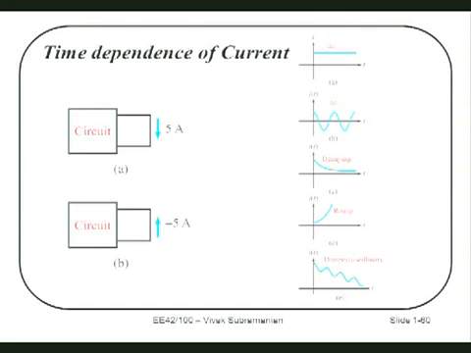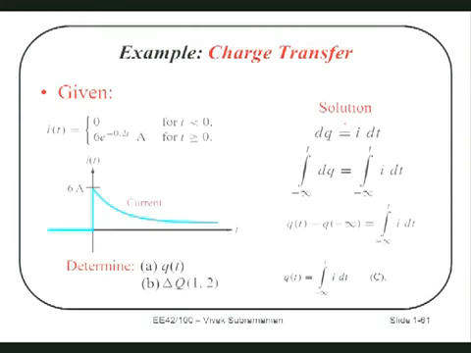Okay, let's take one example, and then we'll probably have to stop pretty soon. And that is, let's talk about a system where the current is decaying. And let's use that same analysis we used here, figuring out current with respect to time, figuring out the relationship between charge and current, but let's do it for a system that has a decaying behavior. So I'm going to define the system for you.